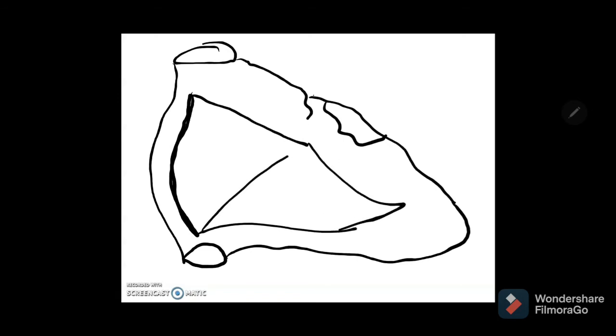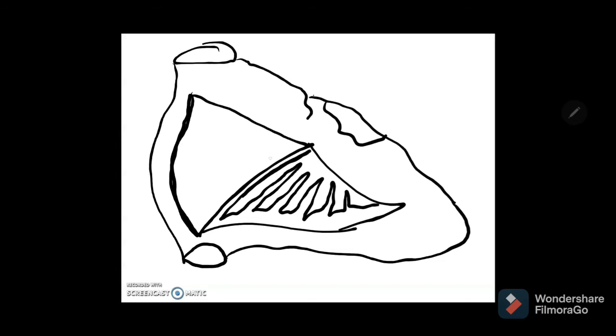So we are cutting and opening along the right border, and once you open it, you see the anterior part, the reflected part. Here you will see irregular muscular ridges. These are called musculi pectinati.